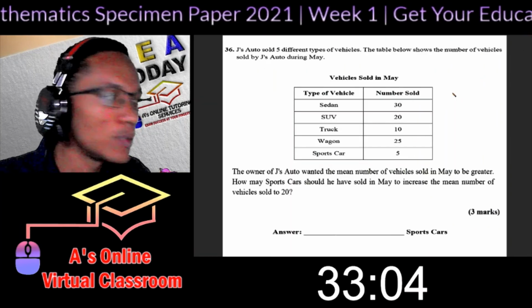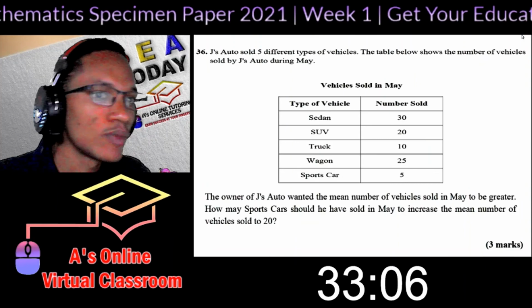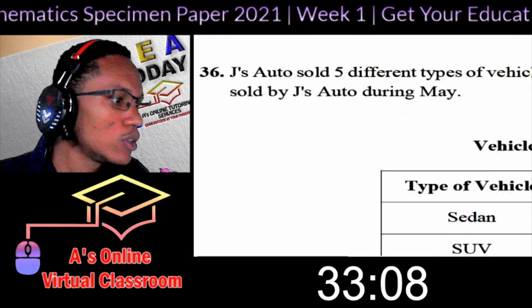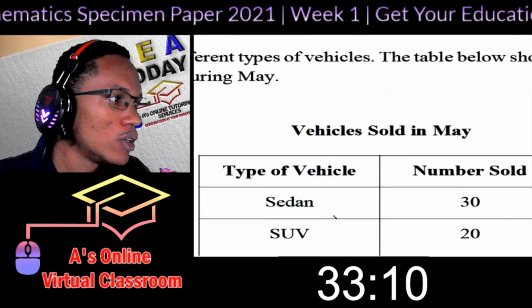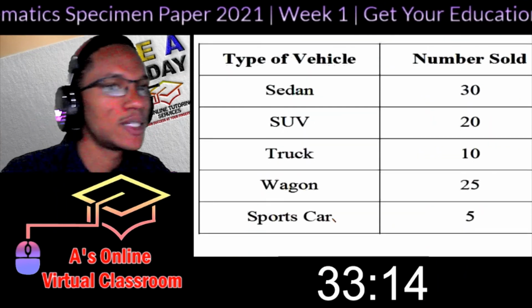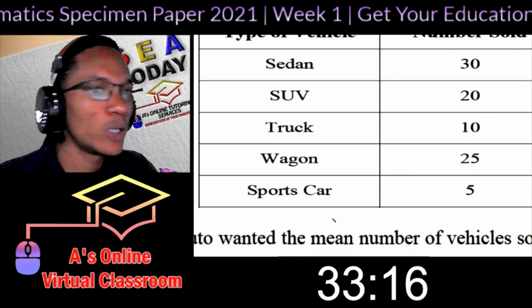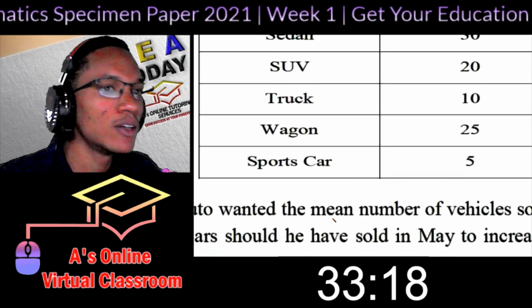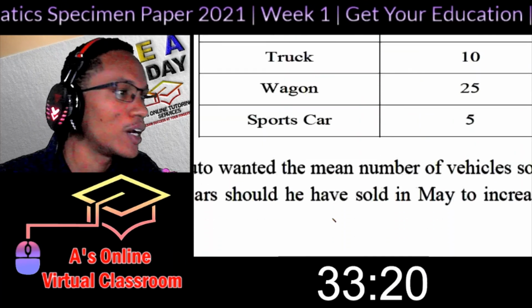So we see the table here. Let's get a little closer. Type of vehicle sold and the number of vehicles sold. So we see sedan 30, SUV 20, truck 10, wagon 25, sports car 5.